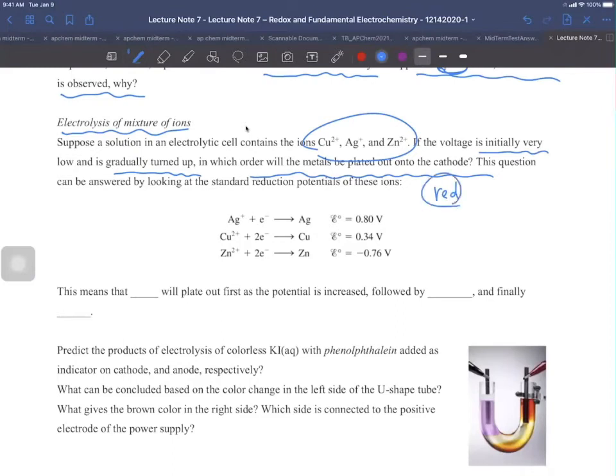The reduction is the metal cation gaining electrons and changing back into the metal. They have different standard reduction potentials. So the question is asking, which one will gain the electron first?